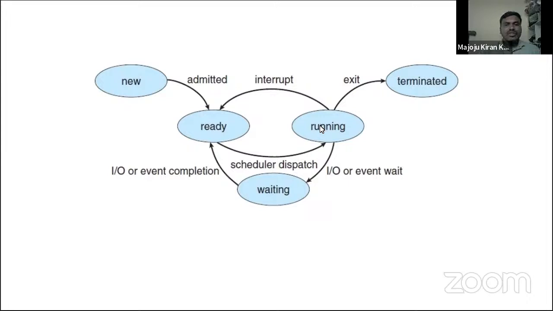If any process requires any input, or if the process wants to send any element to the output devices, that means the process is interrupted. So the process must be moved to the waiting state. While it is running, the process may need some input. For example, while you are executing any program, the program may need some input.